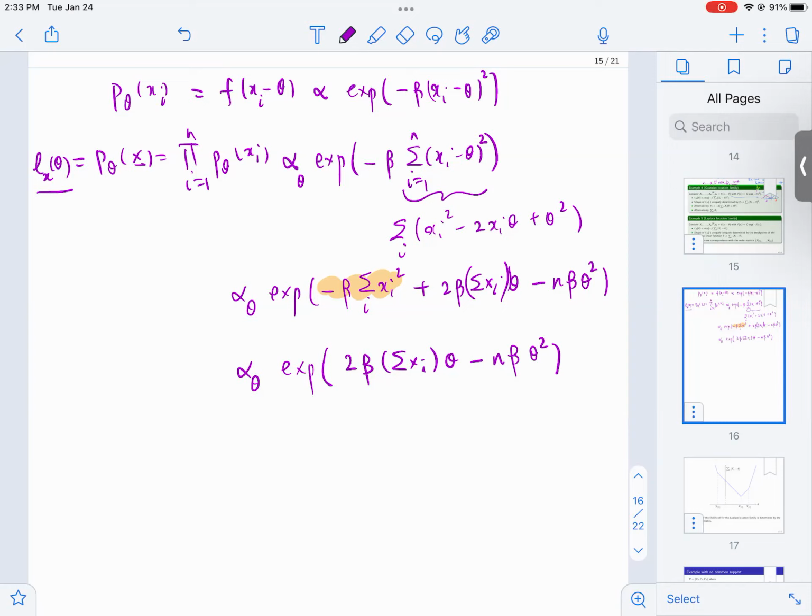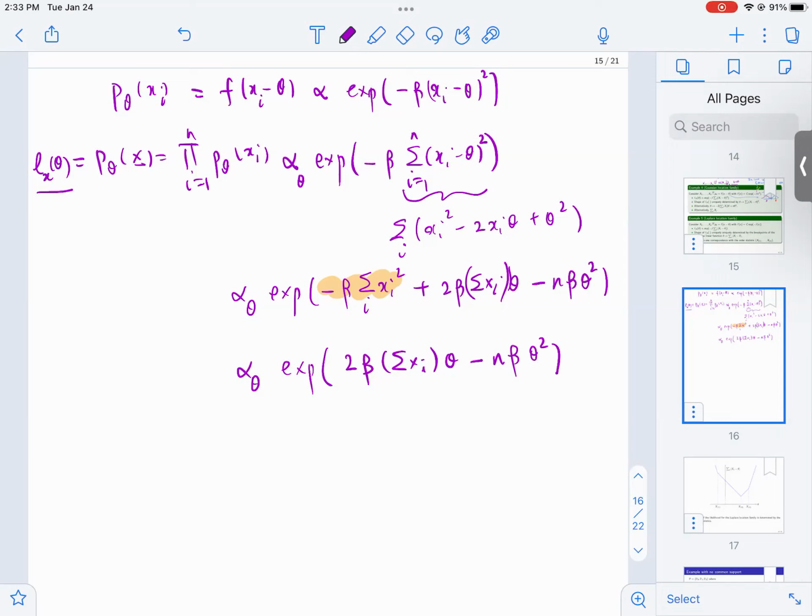I can't drop additive terms, but it's inside the exponent. If you take the log of this, which is the log likelihood, you can drop the additive term. So it's up to an additive shift in terms of the log likelihood, or a multiplicative factor in terms of the original likelihood.